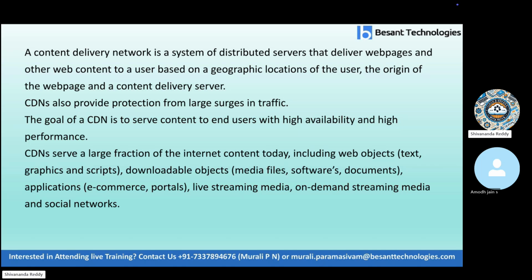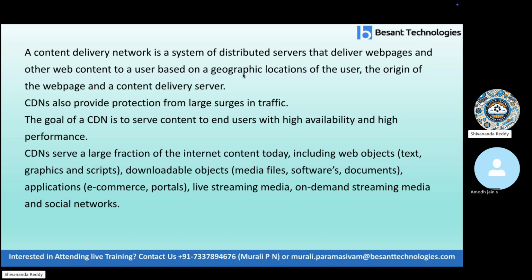How does that work? There are edge locations in every place. The edge location gets the data, it is transferred, and the page is viewed from the nearest location. That is the concept of an edge location. In technical terms, we call it a CDN, content delivery network.